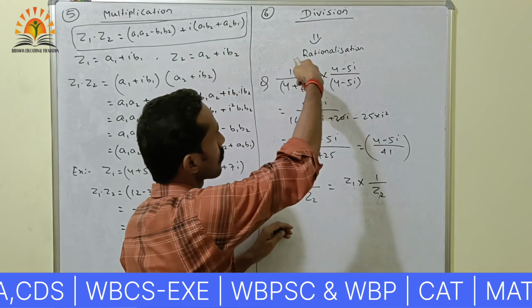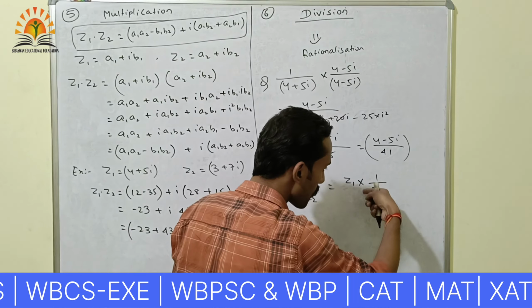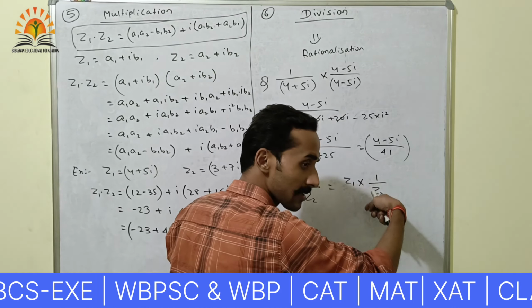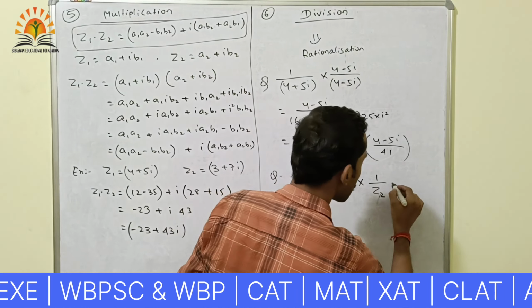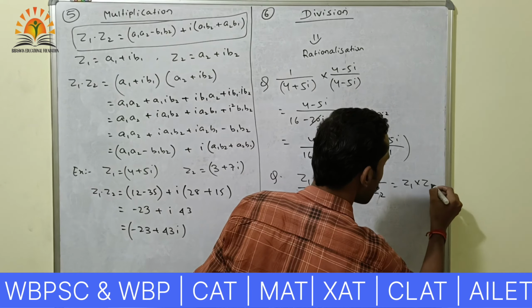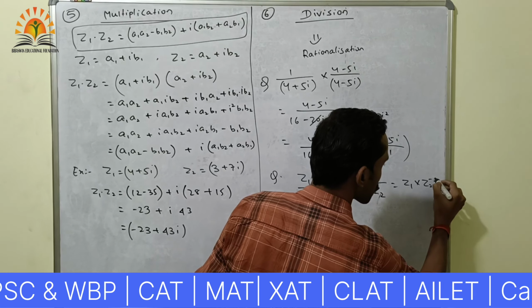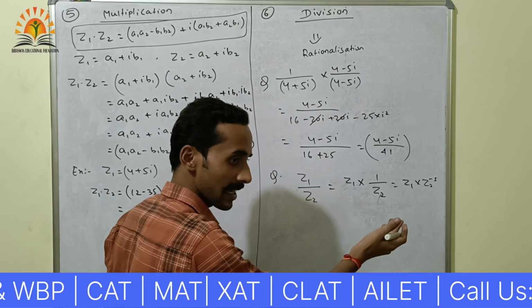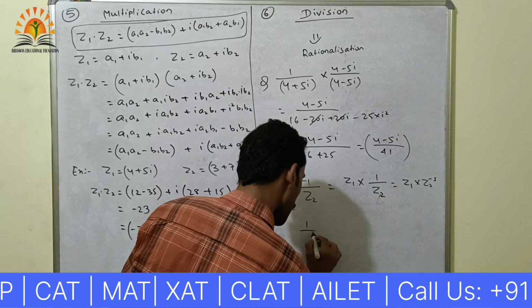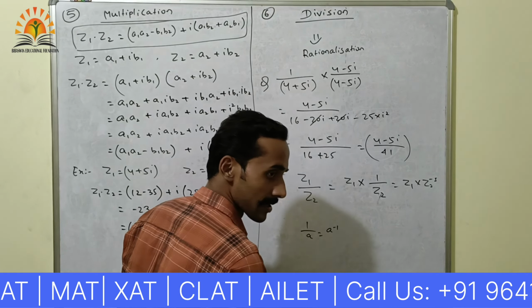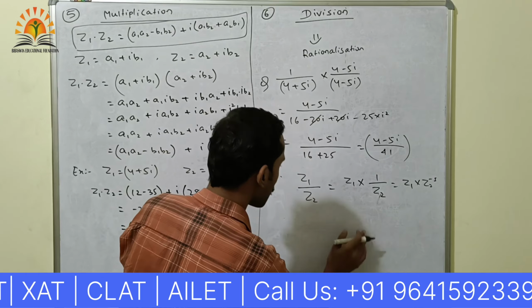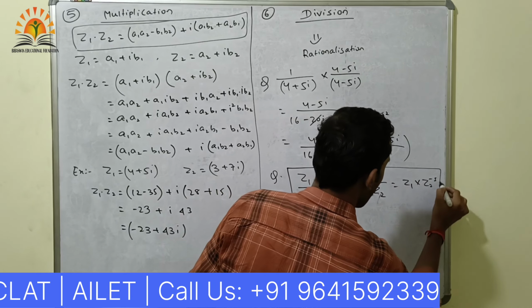And 1 by Z2 is written as Z2 inverse, because 1 by A is written as A inverse. Understood?